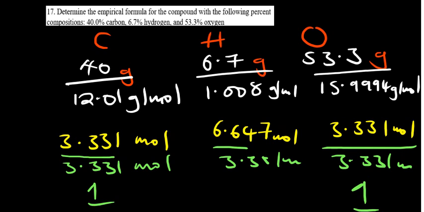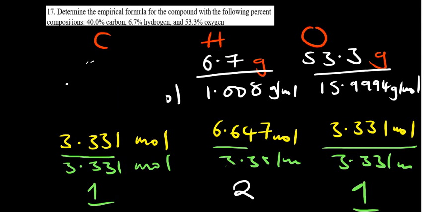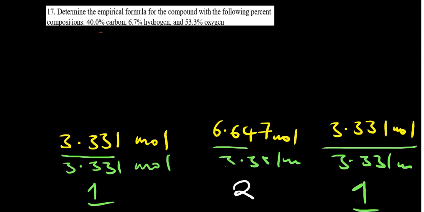So 1.995 is basically the same as, you can take it to a whole number, which is just a 2. There are going to be some special cases which we're going to talk about, where it is not possible for you to just round it off there and then. For example, in a case where you find the ratio of carbon to hydrogen to be maybe 1, maybe 2, let's say 2.5.